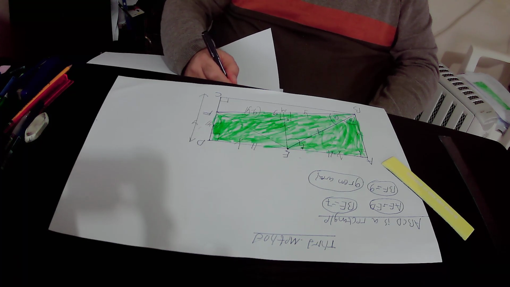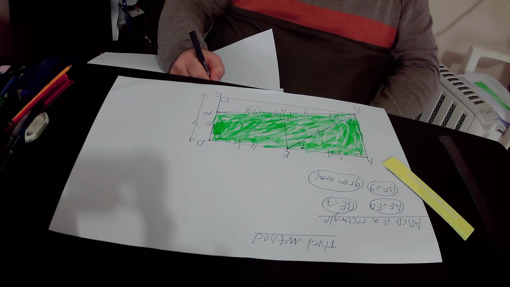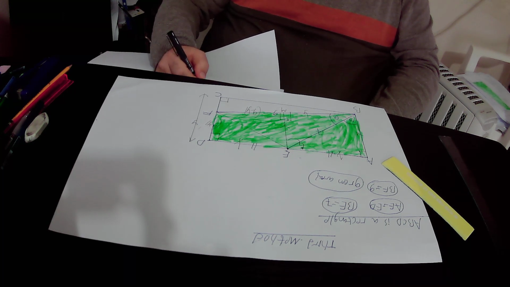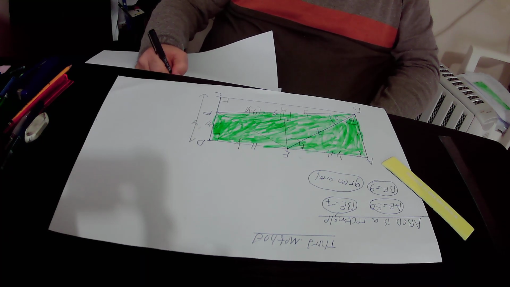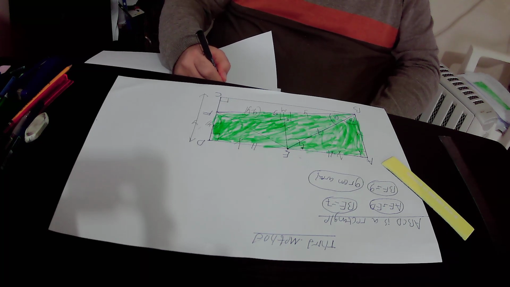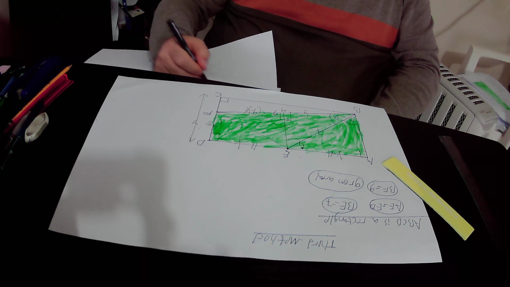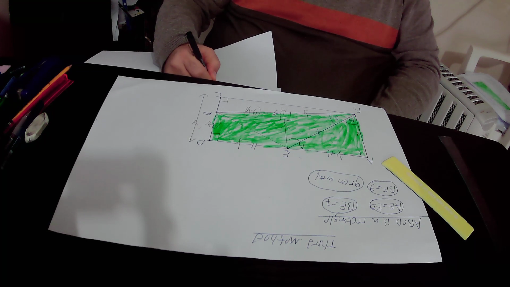So FC equals DC, which is y, minus DF, which is 9 minus y. So y minus (9 minus y) is y minus 9 plus y. So in conclusion, we found out that FC equals 2y minus 9.